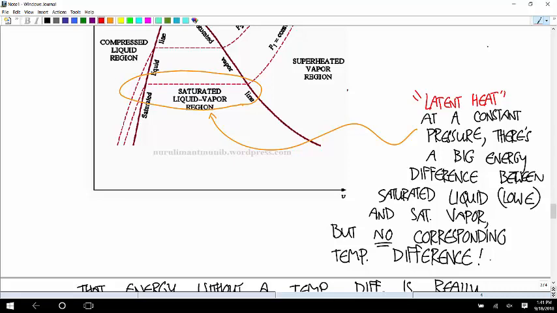It just turns out that there's vastly more latent heat between saturated liquid and saturated vapor than there is between a saturated solid and a saturated liquid. I forget the multiple it is, but this is just the more efficient part of the material phase change process to use.